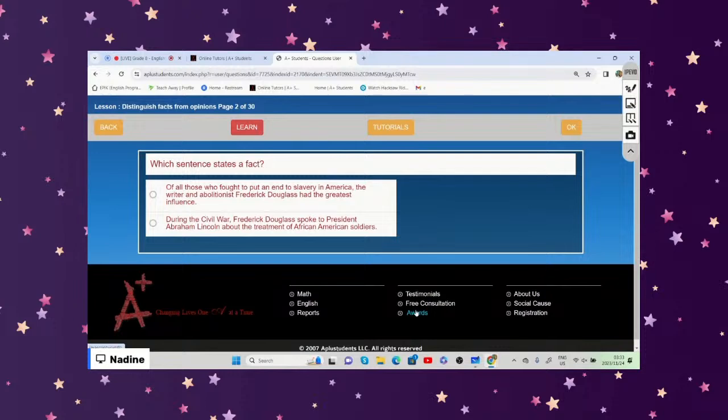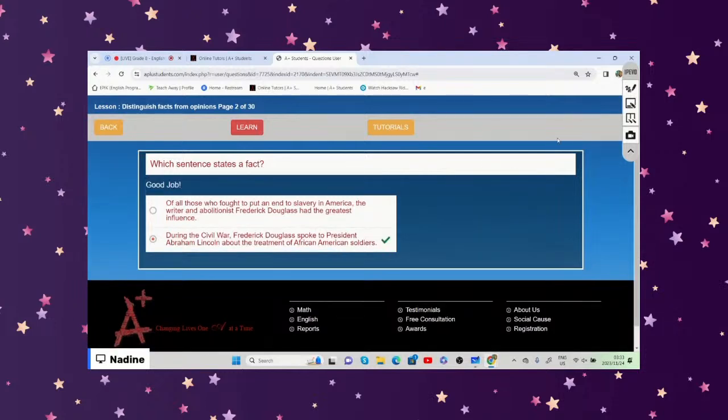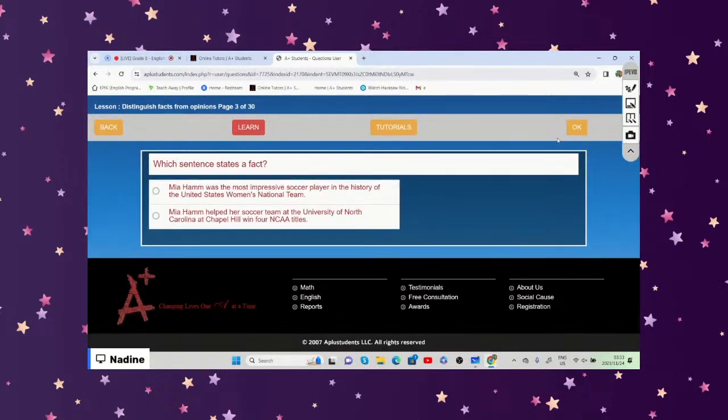Yeah, so if we look at the facts, right? Okay, let's read number two. It says during the Civil War, Frederick Douglass spoke to President Abraham Lincoln about the treatment of African American soldiers. So let's choose the second one. And the second one is correct. So well done. Yes, it is a fact, right?